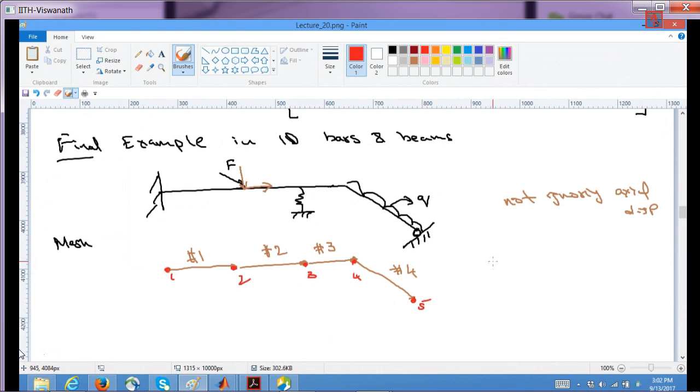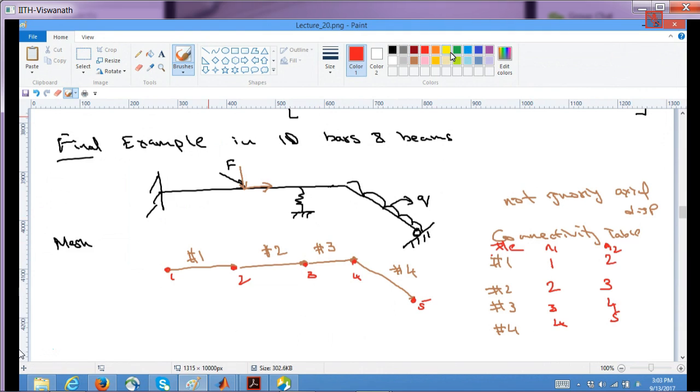So the connectivity table is, for element 1, element 2, element 3, element 4, with nodes i and j: 1 and 2, this is 2 and 3, this is 3 and 4, and this is 4 and 5. This is node 1, node 2, and this is element E. So this is the connectivity table.